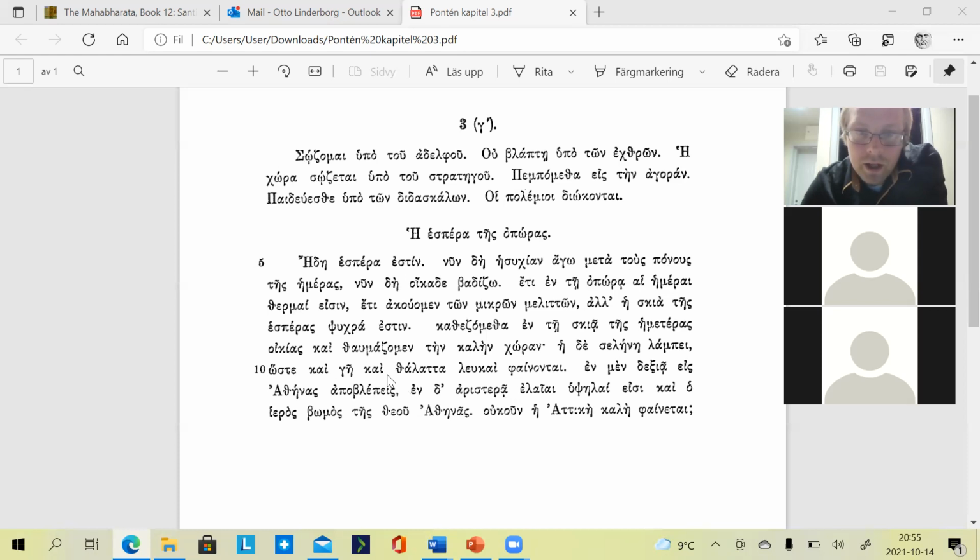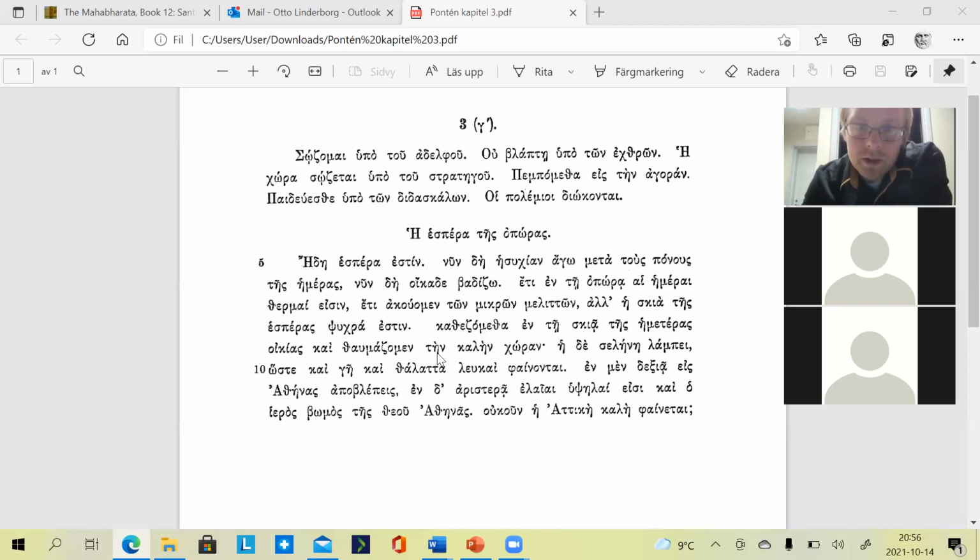And then we have the next clause. Hoste kai ge kai talatta leukkaa fainonta. What could that mean? So hoste is a conjunction. So that could be translated as so that. So that kai ge. Do we have something here?